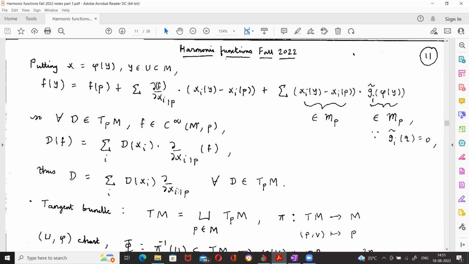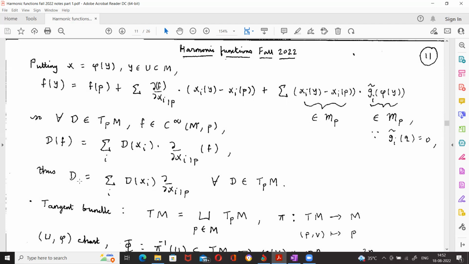Is this clear? Yes. Okay. So therefore, this tells me that the del del xi span, and we already saw they're linearly independent. Therefore, they form a basis, and the tangent space is of dimension n. And the del del xi's are a basis of the tangent space.